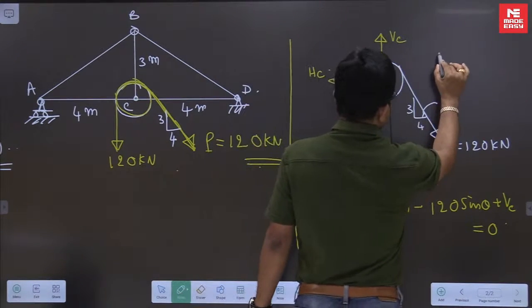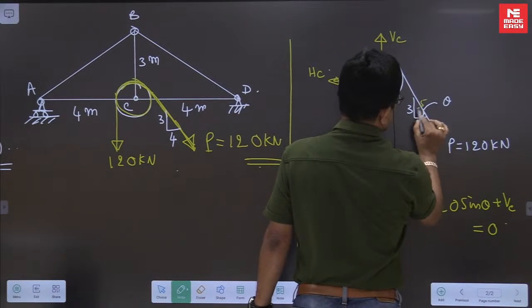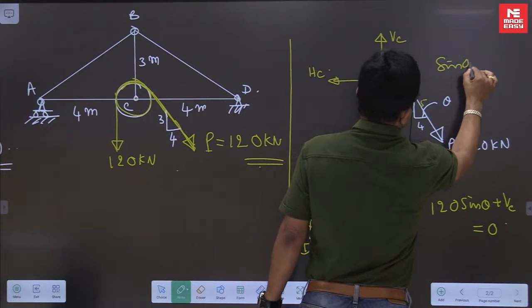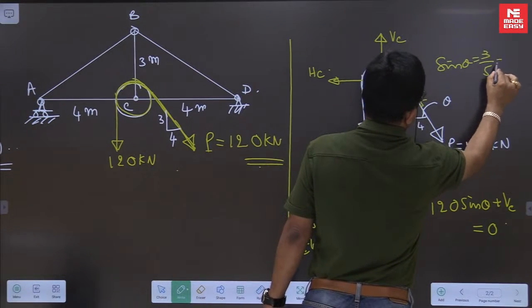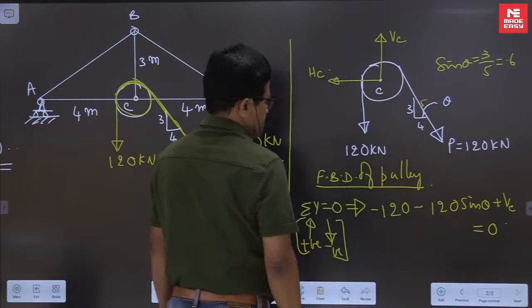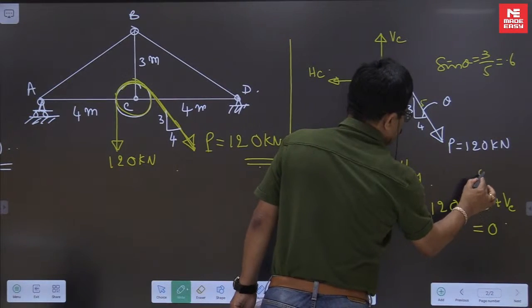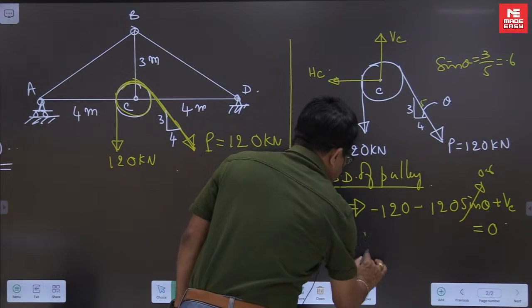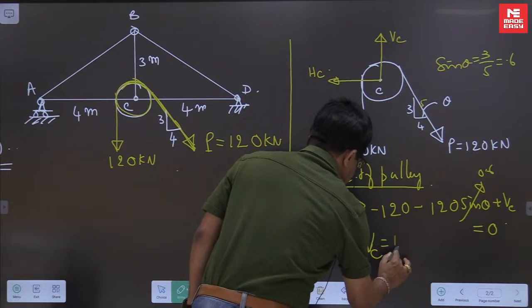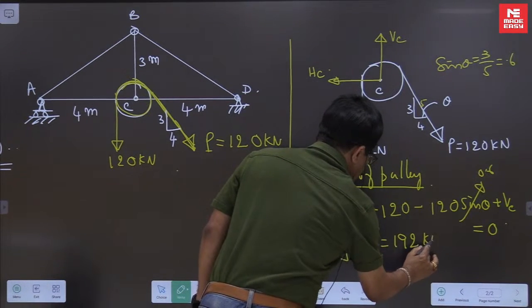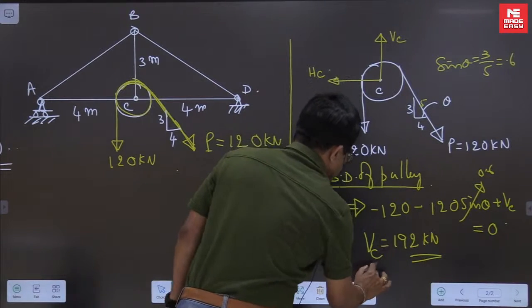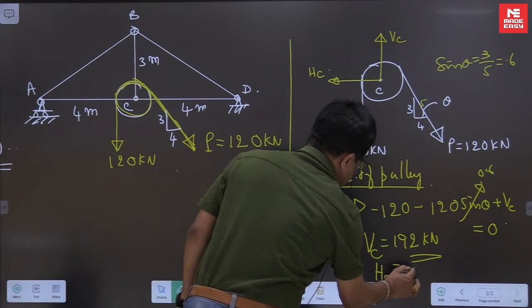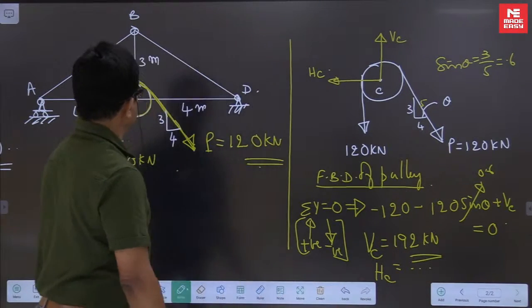Sin theta, how much is that? 3, 4, 5, so sin theta is 3 by 5, that means 0.6. So, 72, and VC you will get 192 kilonewton. HC value also we will get, but we are not interested in that HC.